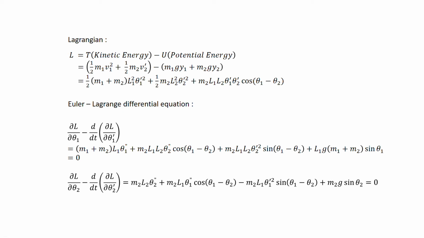The goal of the Euler-Lagrange differential equation is to find the functions for which a given functional is stationary. For theta 1, we can get this equation, which equals 0. For theta 2, we can get this equation, which equals 0.